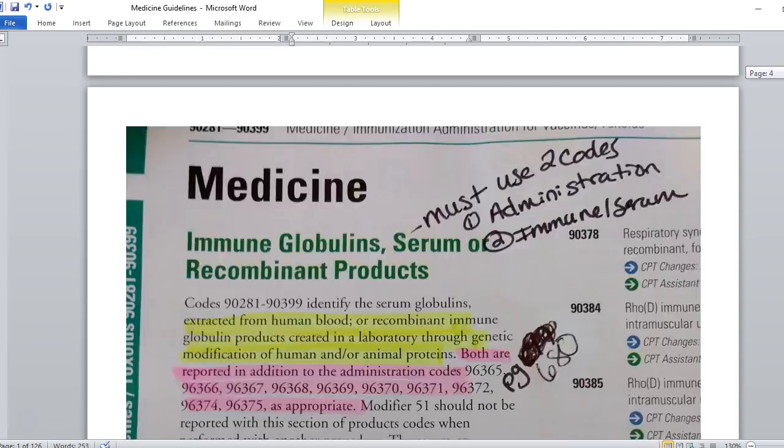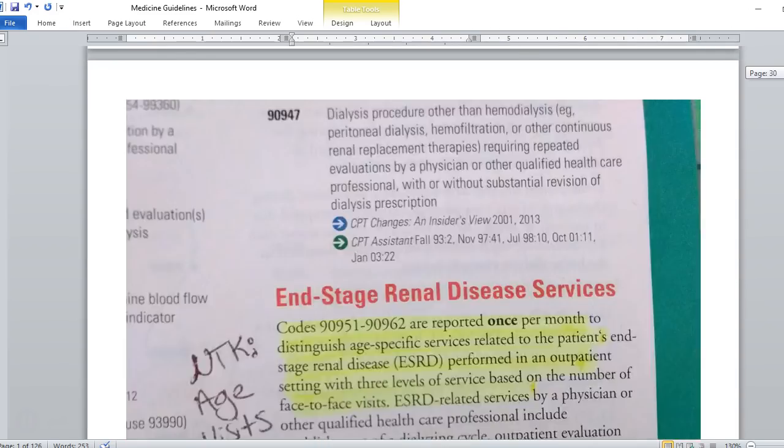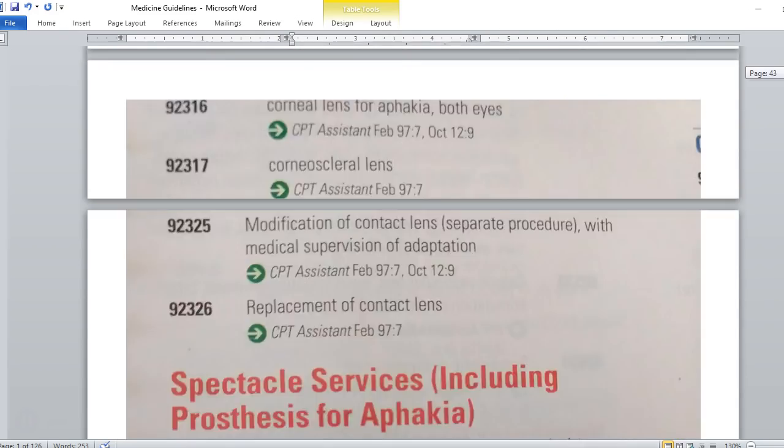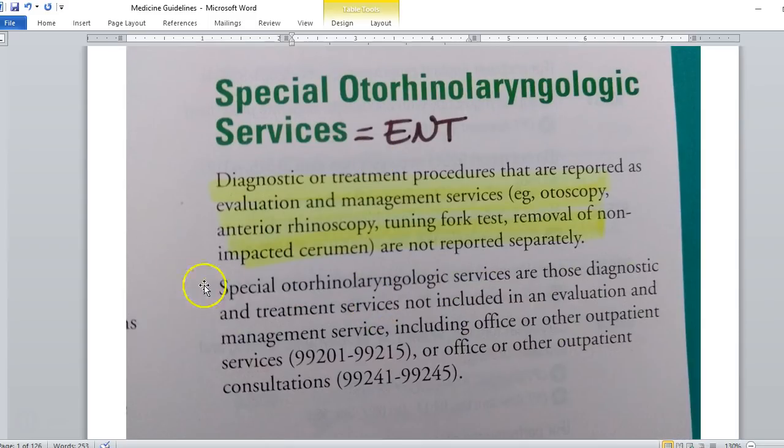So let's look at our guidelines. It starts with the fact that diagnostic or treatment procedures are reported as evaluation services. Otoscopy, anterior rhinoscopy, tuning fork test, and removal of non-impacted cerumen are not reported separately.